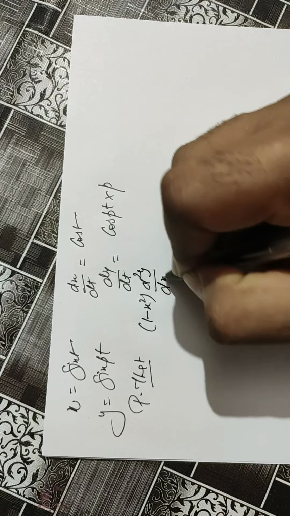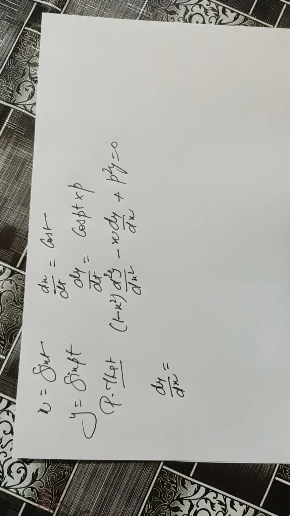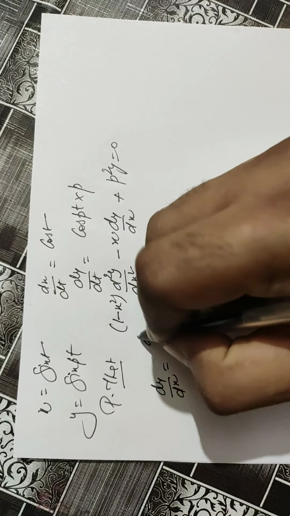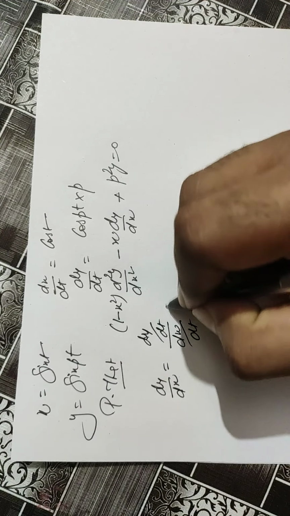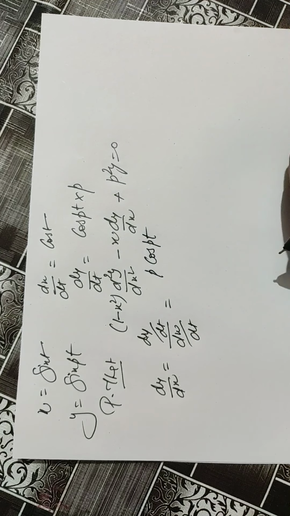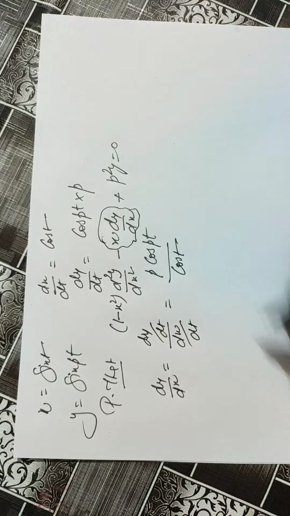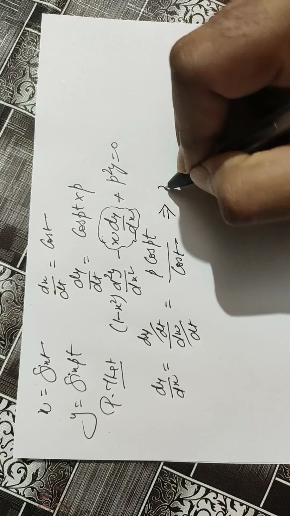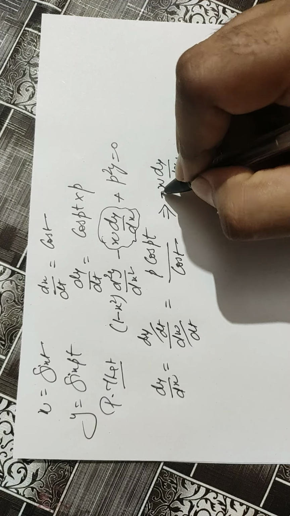Keeping in mind, first of all we have to calculate the first differentiation, dy by dx. It is dy by dt divided by dx by dt. dy by dt is p cos of pt, and dx by dt is cos t. If we see here, we require this one, so we are making here x dy by dx with a minus symbol.